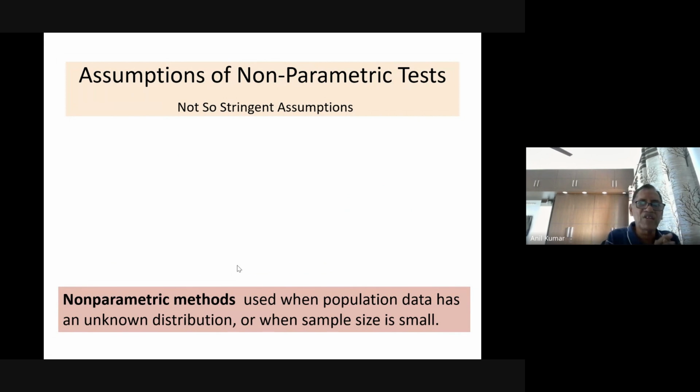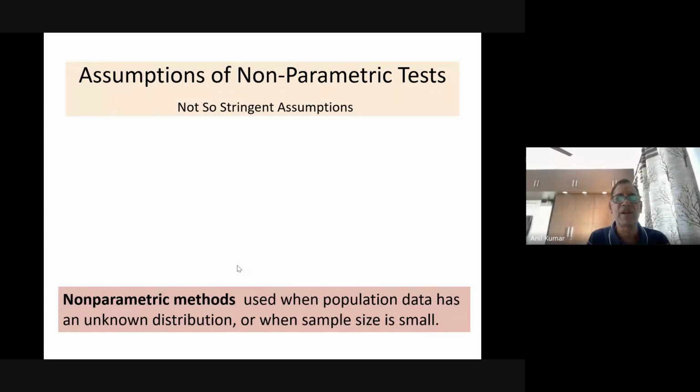As against the parametric test, non-parametric tests are there. Already I have told you. When we have data not as per the requirement of the parametric test, we should go for a non-parametric test, wherein no stringent assumptions are required to be satisfied before use.